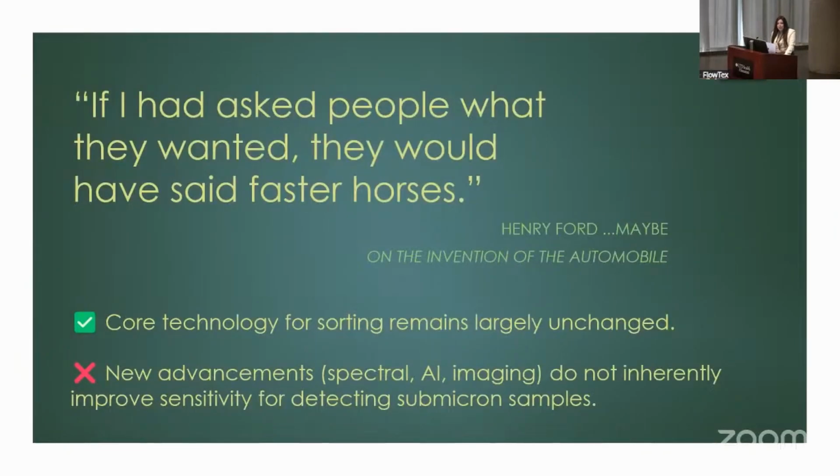All right, so if I'd asked people what they wanted, they would have said faster horses. The basic technology behind flow cytometry and sorting has not changed very much. People have been sorting viruses and microbes, organelles, tiny things since at least the 70s. What has changed is that in the post-COVID era, which I consider to be sometime around mid-2021 when they started making everyone go back and kind of changing the rules towards the return, which was a thing. That's why there were two pictures of COVID in that other slide.